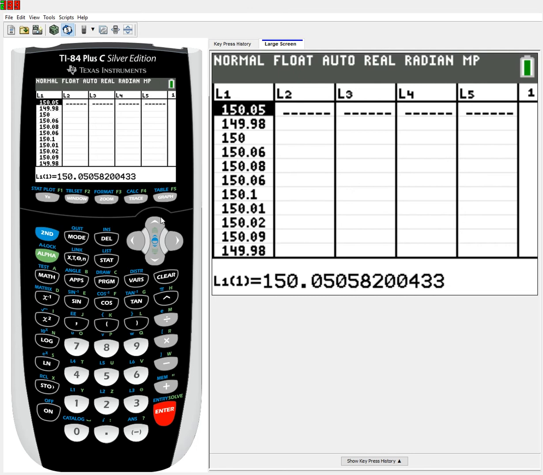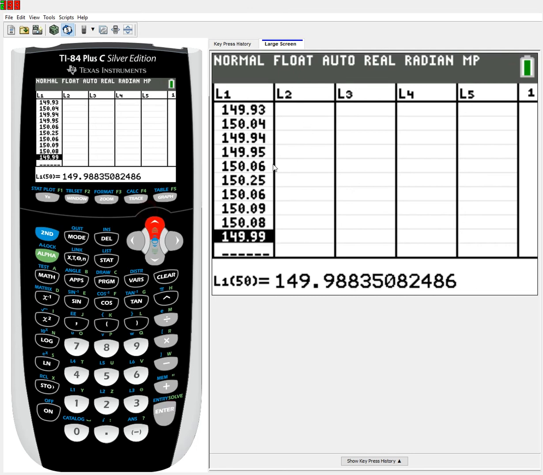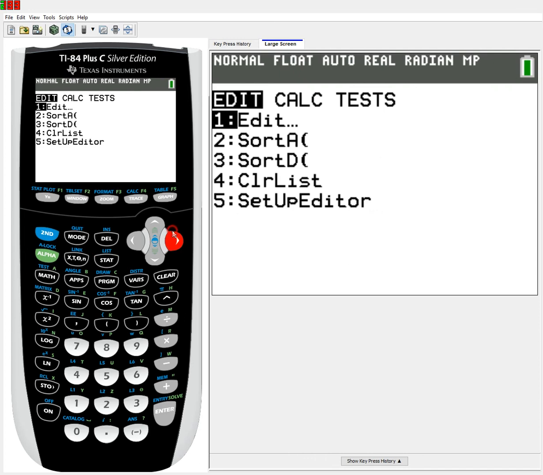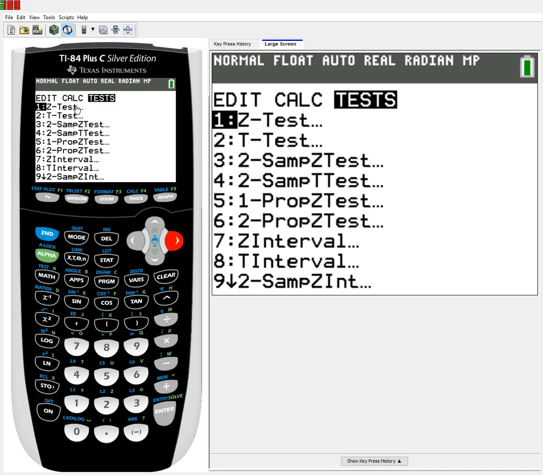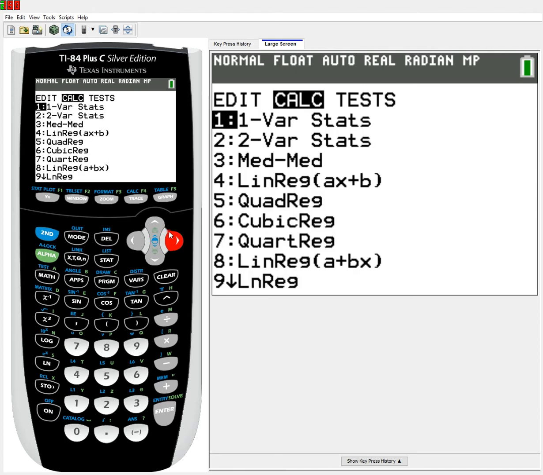If you go through the list that I have here, I think I have about 50-some values. Most of them are above 150, but some are not. So what I'm going to do is go to stat, over to test, and we're going to run a t-test because I have a list and I'm trying to find the mean. Whoa. Something went wrong. Stat, we want to go over to test.